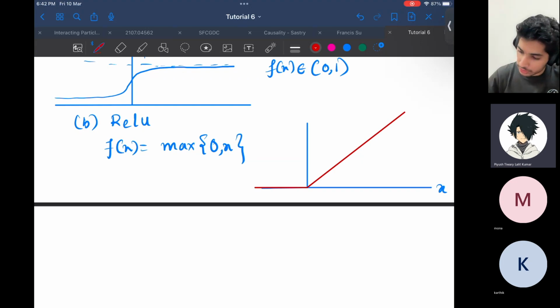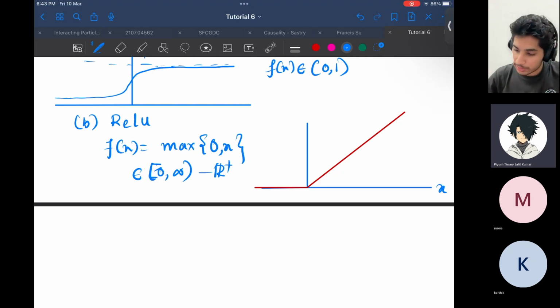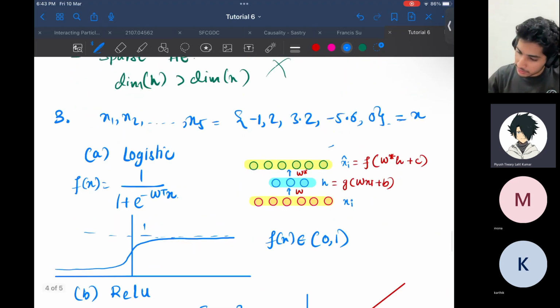So from here, what do I know? I know that the ReLU function will always give me something between 0 and infinity, right? In other words, this is also called R plus, the positive part of the real line. It won't give me anything which is negative. So does my data contain anything negative?